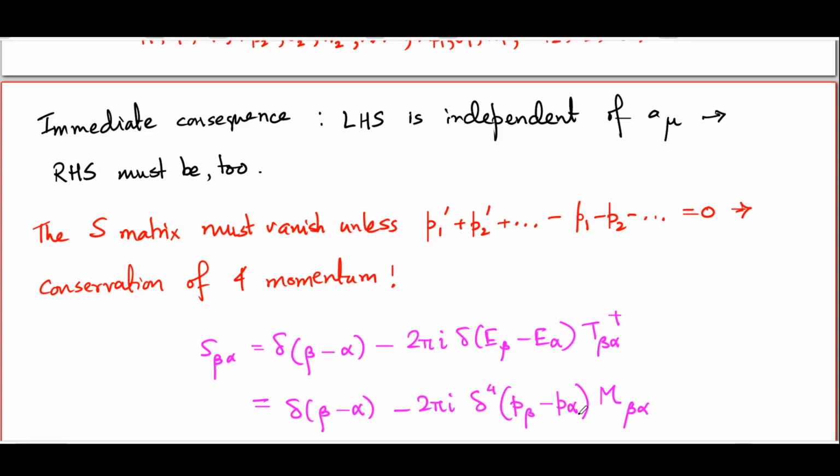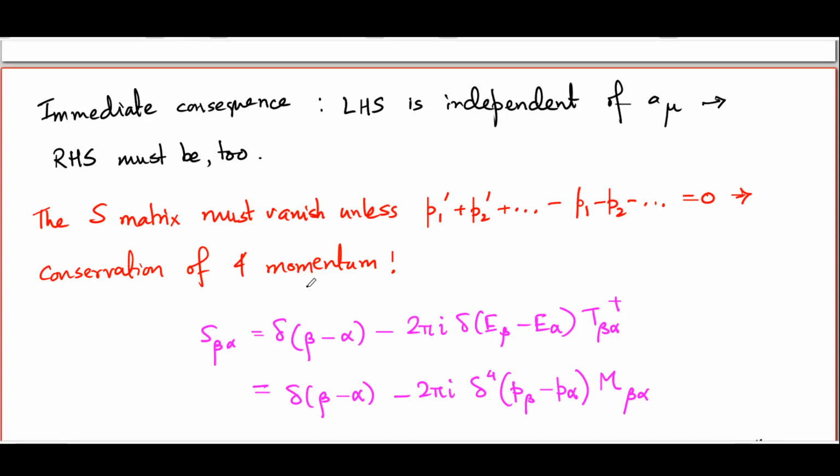So of course delta cube P beta minus P alpha, the delta function imposing conservation of spatial momentum, will be there as part of T beta alpha plus in a Poincare invariant theory. And what we can do is we write T beta alpha plus as delta cube P vector beta minus P vector alpha times M beta alpha. So we can write S beta alpha now in terms of the matrix elements M beta alpha, and this final form imposes energy momentum conservation explicitly.